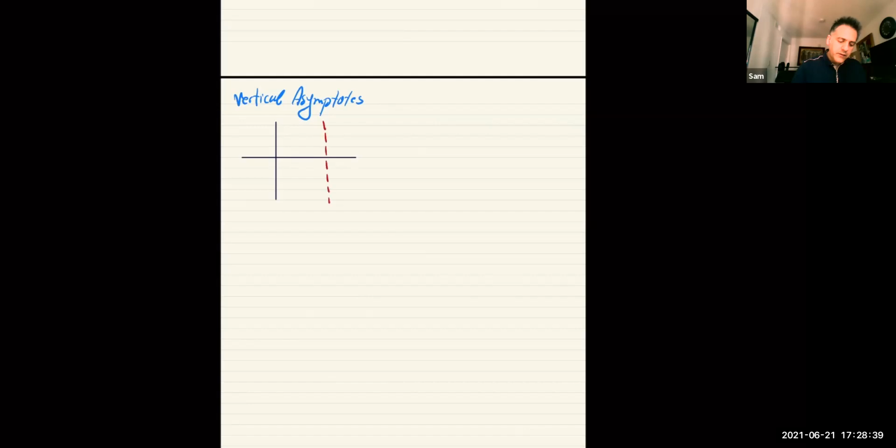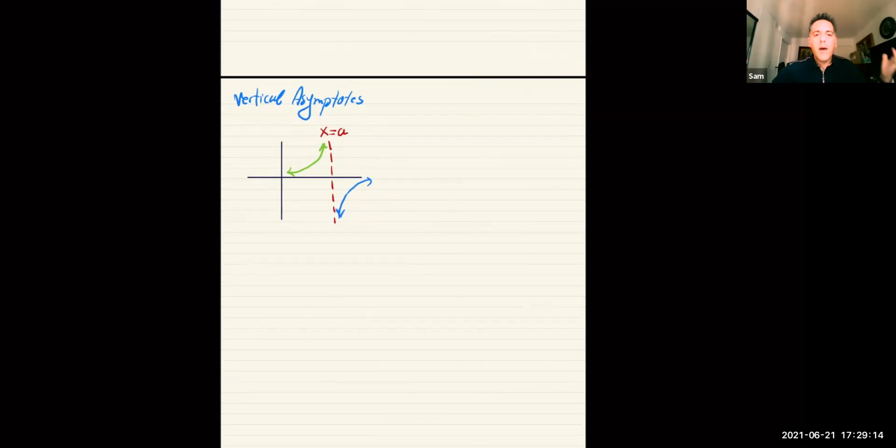Let's say this function has a vertical asymptote at x equal to a. Okay, that's x equal to a. And let's say that the function does this, and then here, it does that. We say it blows up.